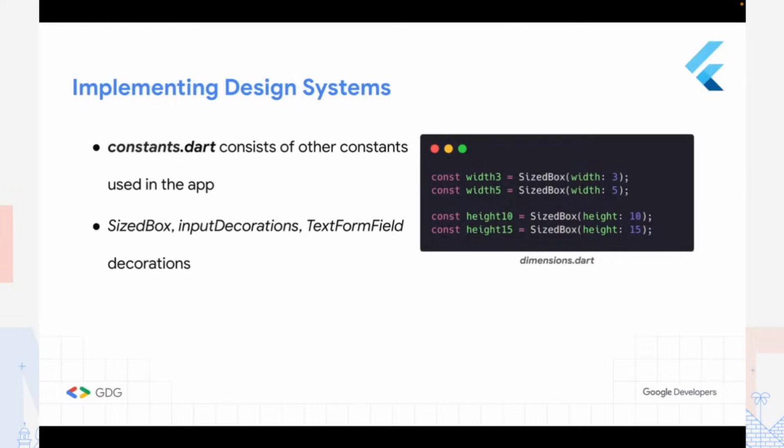Next we have constants.dart. Now this is something that I use to store the sized box constants. Now, if I don't want to use padding all the time, and if I want to use something very simple, I use sized box. So let's say in my row, I have three elements and I want to add a space of 3 pixels.